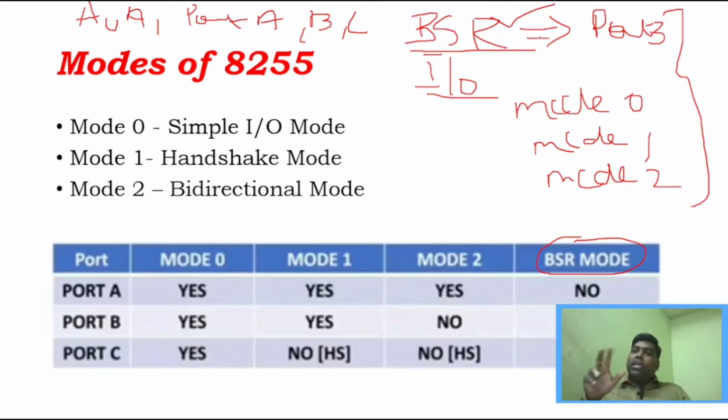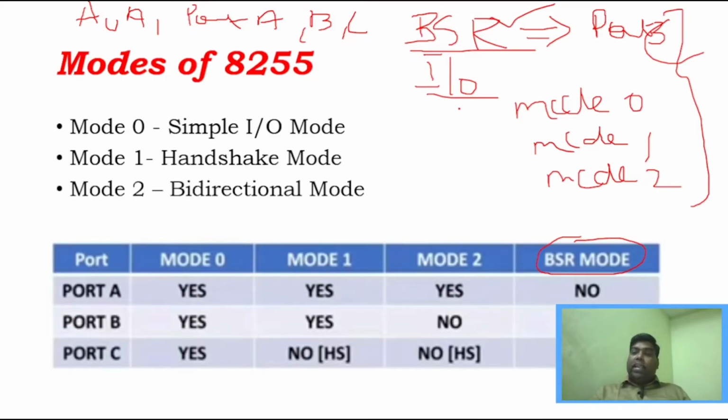And for IO mode, all the ports will support it, but in IO mode we have three different modes, which are mode 0, mode 1 and mode 2, right? We will see which mode supports which ports a little later.